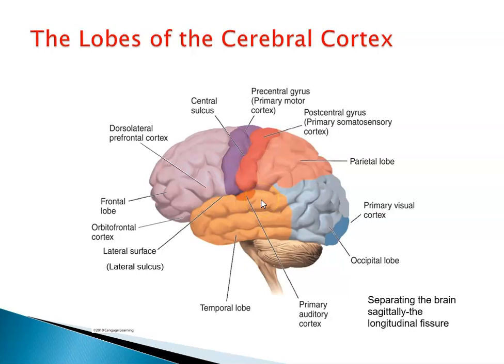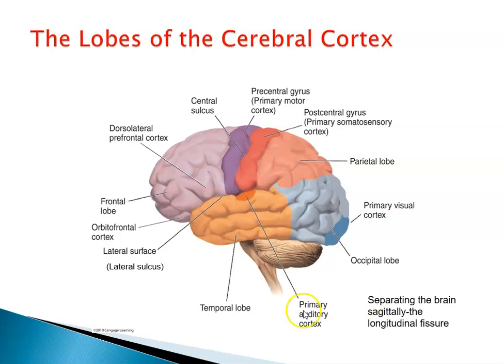Remember in the earlier video, I told you that there is a very large sulcus that separates the two sides of the brain, and that is called the longitudinal fissure. So again, we have the central sulcus, the lateral sulcus, and the longitudinal fissure.